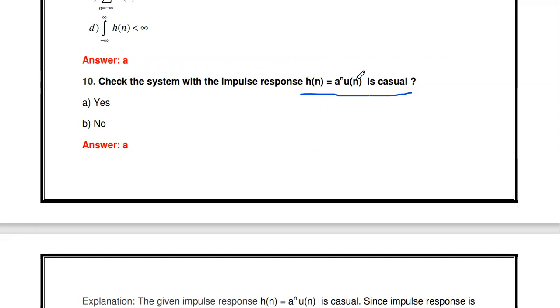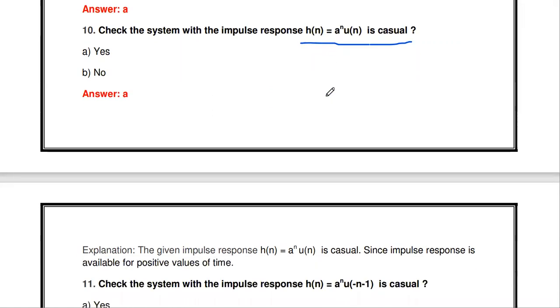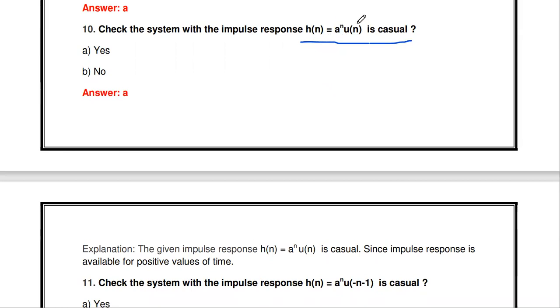So you see the impulse response. What is the impulse response? A power n u of n. What is the meaning of a power n u of n? Any function multiplied with u of n means the total function is only available for positive time. For negative time, the impulse response is 0.